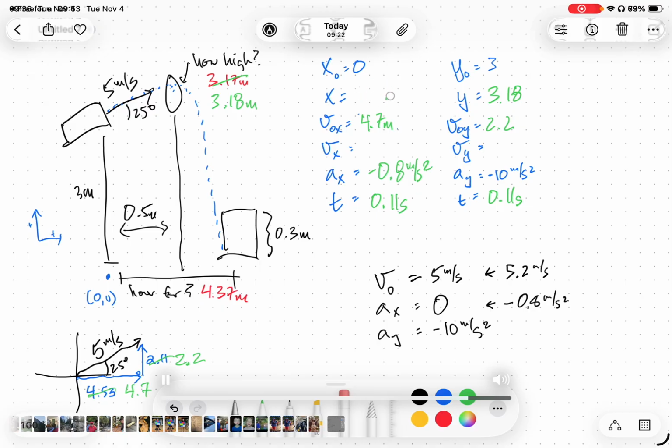So we're going to, again, erase the things that aren't the same, but we're now going to launch to the top of the bucket, which is 0.3 meters. And we'll put the vertical information into the solver. So our initial position is 3, final position is 0.3. Our initial speed is 2.2. The acceleration is negative 10.